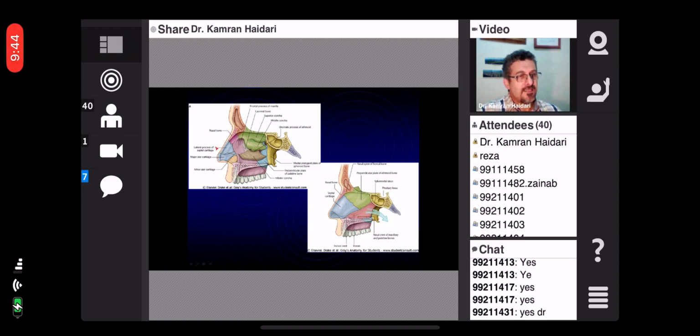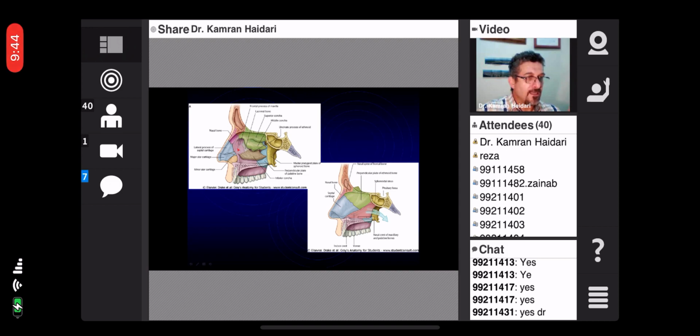This is the sagittal section of the nasal cavity, and you can take a look at the lateral wall. This is the body of the sphenoid, the yellow one related to the sphenoid bone, and green indicates ethmoid bone.